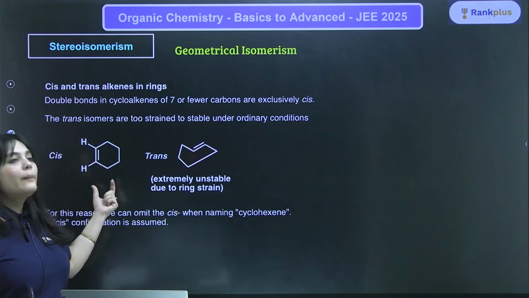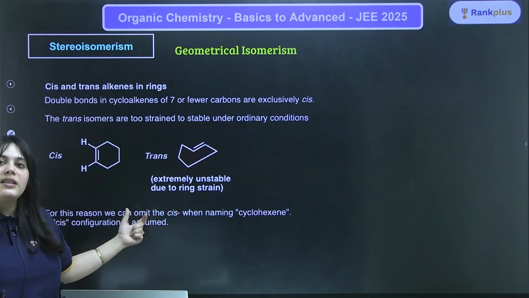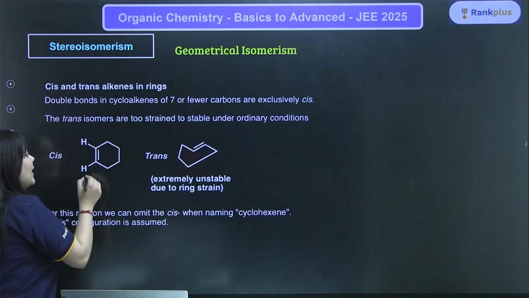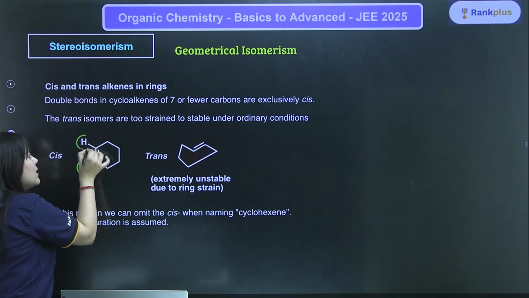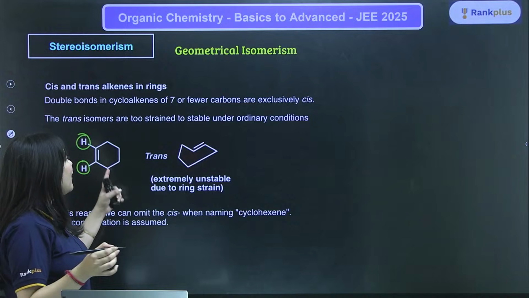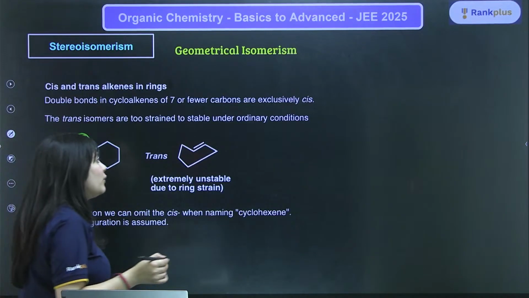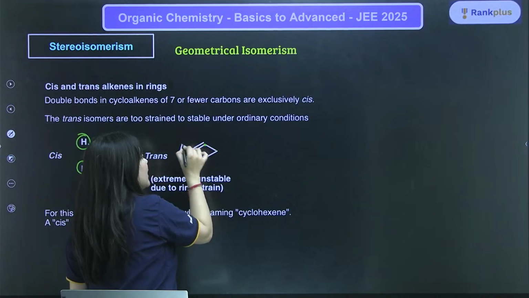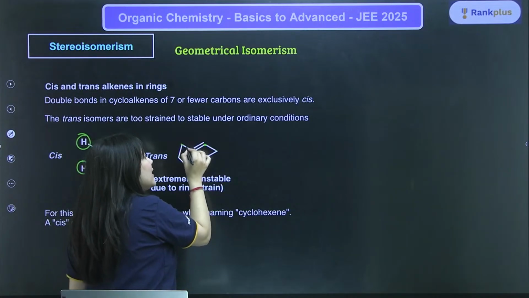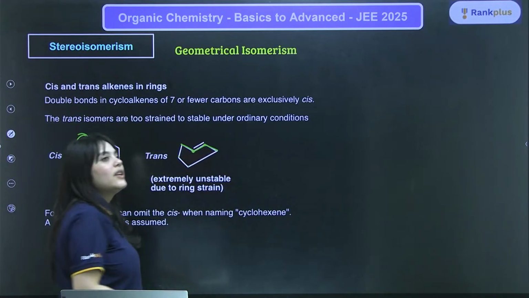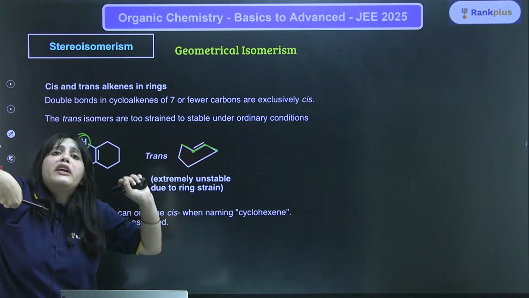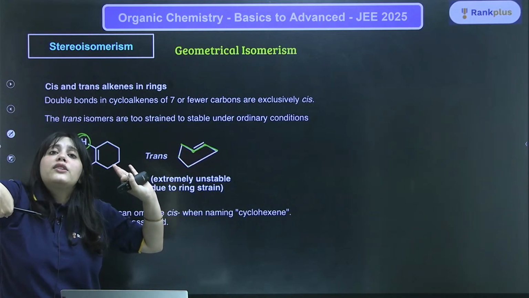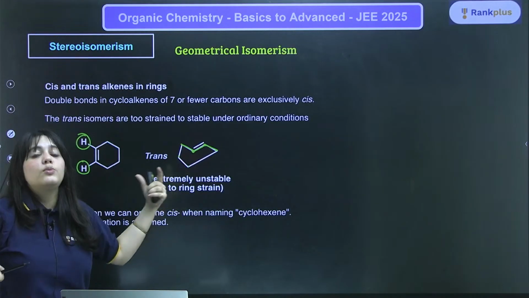But when you are talking about a ring like this, can you see this ring? In this ring, what is happening? This is the cis isomer, right? And if I form the trans isomer of this, what will happen? This is first carbon, second carbon, third, fourth, fifth, sixth. When I am forming a trans ring, can you see there is a lot of ring strain in it? I have just twisted the ring and caused a lot of ring strain, which means this is much more unstable.